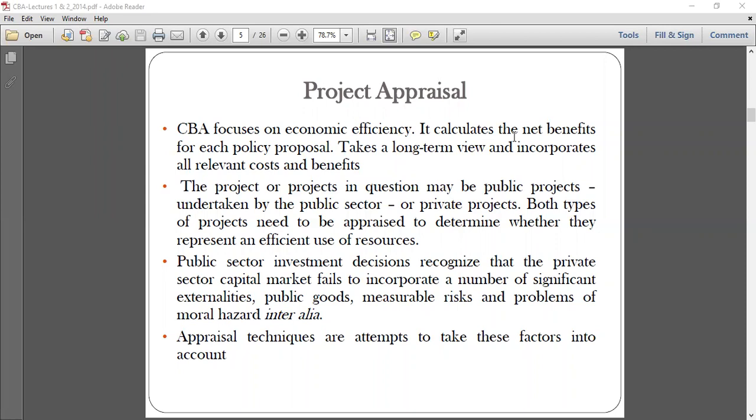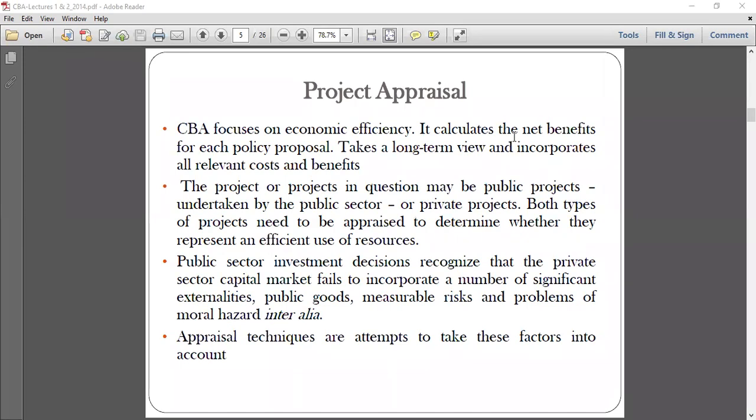Assuming you are constructing roads and my house is near where you are constructing, you are polluting the air. I am not part of the economic transaction, but I am suffering from the economic activity that you are doing. But the private sector doesn't care about those things. They only care about their costs.